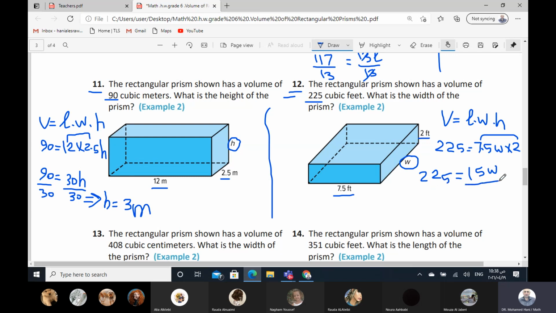Take the coefficient, divide the two sides by the coefficient, divide here by 15 and divide here by 15. 15 divided by 15, 1W means W equals, and 225 divided by 15 will be 15.